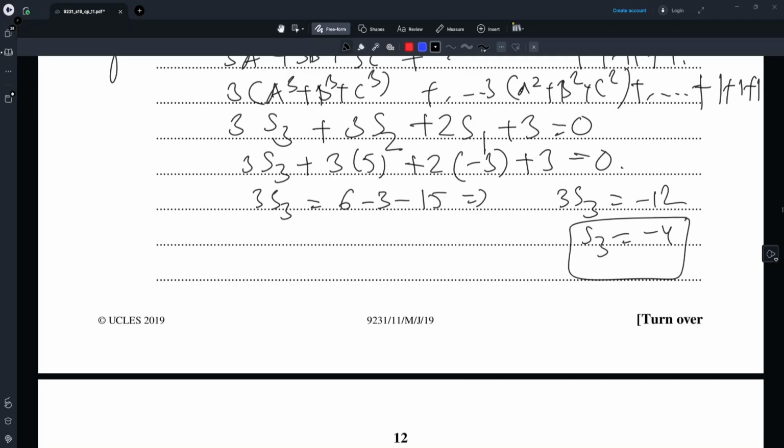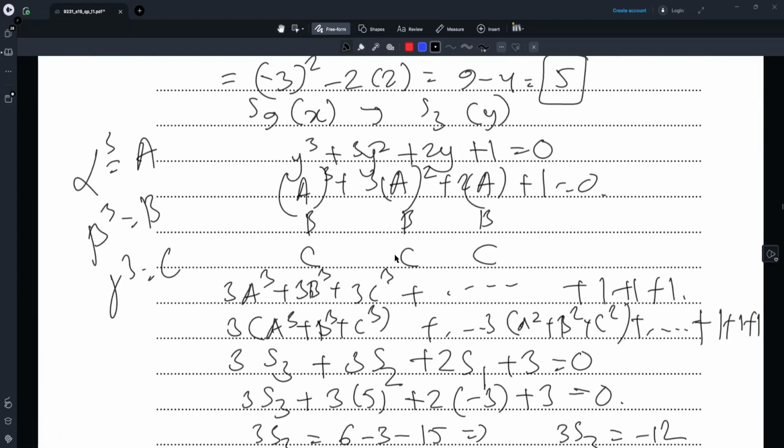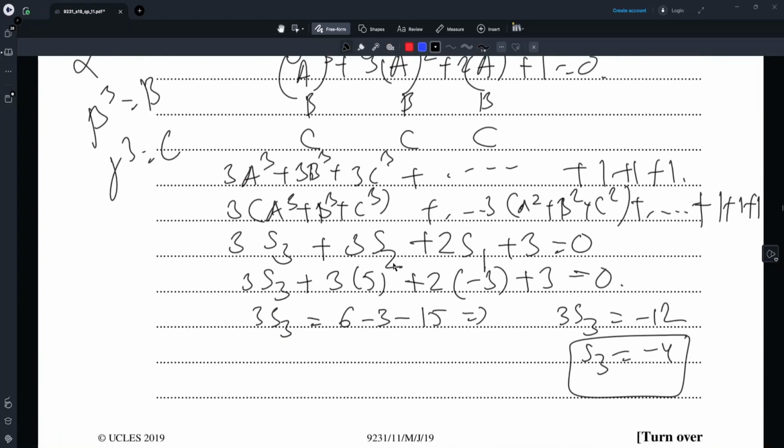Let me verify my answers from the mark scheme. Actually, it is minus 12. Oh yeah, actually, I'm supposed to find out S9 here.